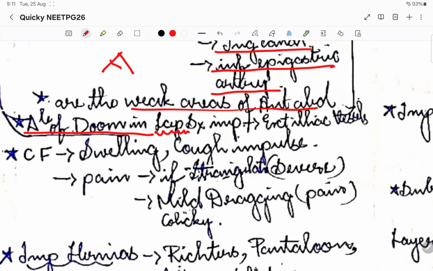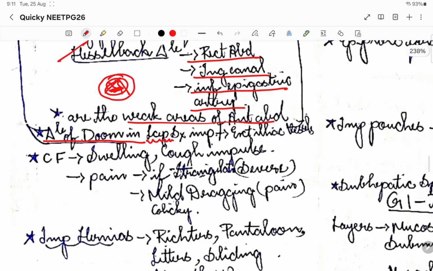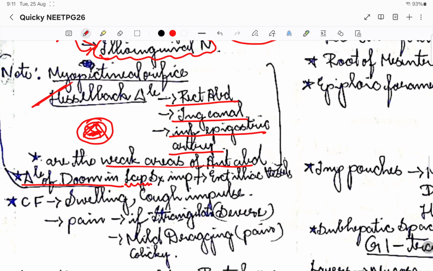The external iliac vessels lie in the triangle of Doom, so when doing the surgery we should always take care of this particular triangle. From inside this is the triangle we see, but from outside it is Hasselbalch's triangle that is important with respect to weakness.